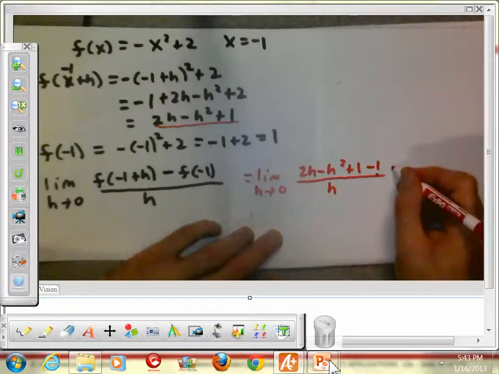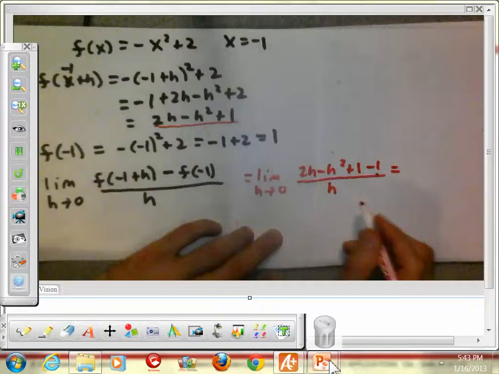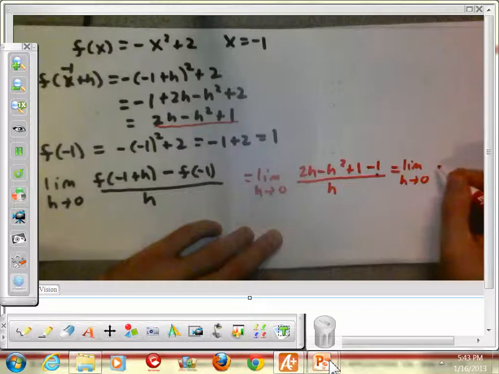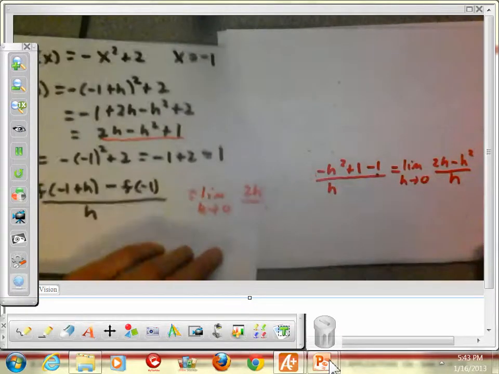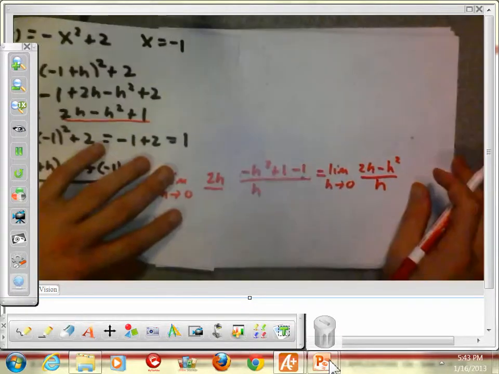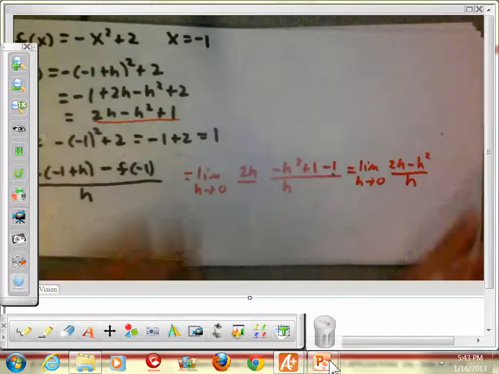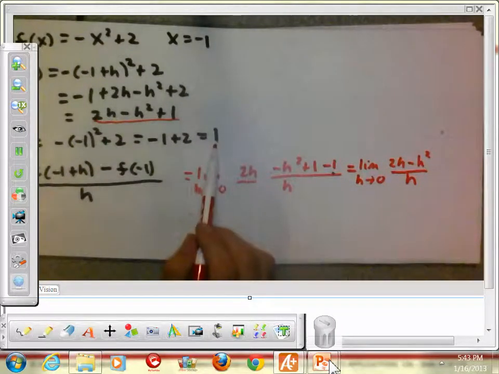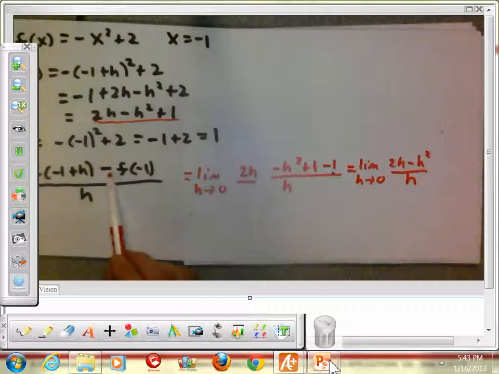And this is just going to equal, the 1's cancel out, so it's going to be the limit as h goes to 0 of 2h minus h squared divided by h. Okay? Which one? Over here? Because f of negative 1 is 1, so we're subtracting, so we're doing a minus a positive 1, which gives us a negative 1. Okay?